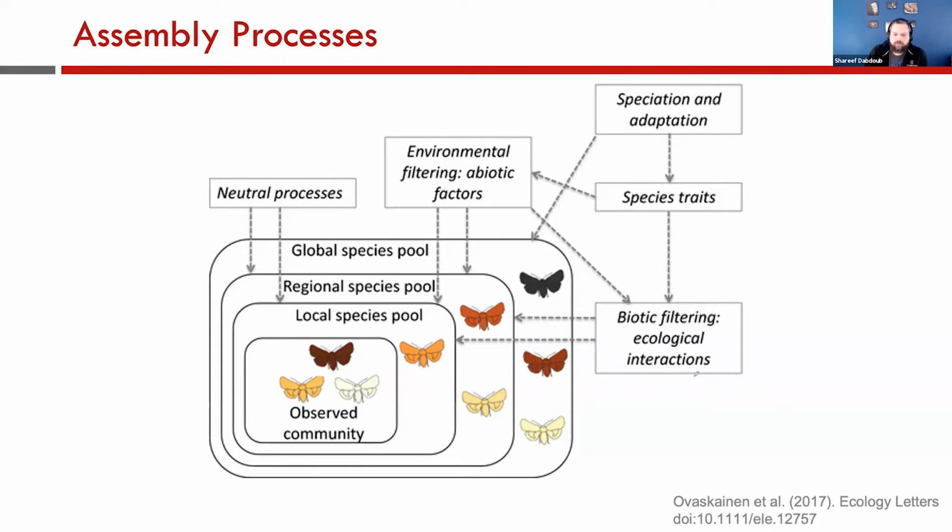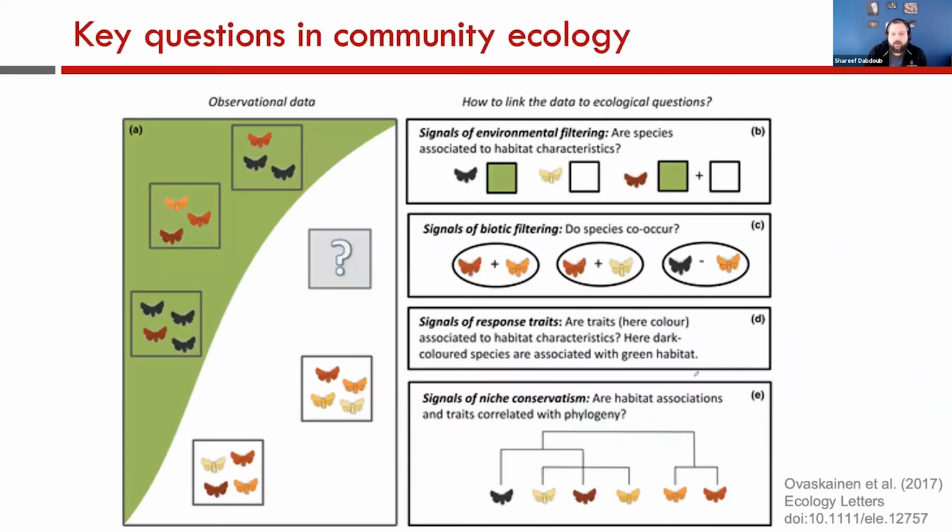So these are all the large-scale things, in one figure there. These are some of the key questions in community ecology. You've got butterflies of different colors there. The green and white colors represent differences in environmental conditions, and the butterflies with different colors represent different species.